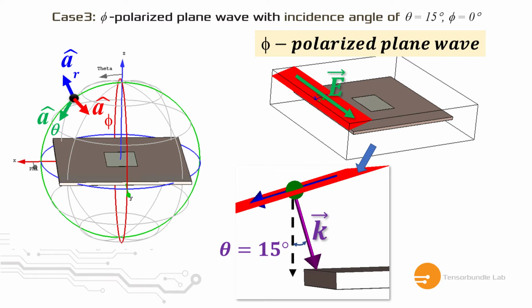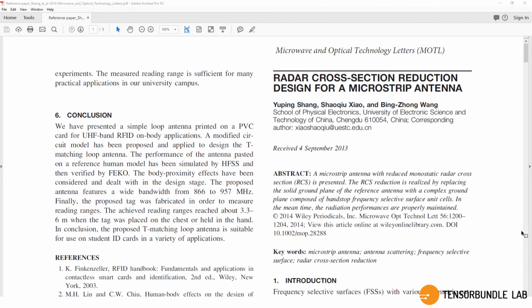So we will verify our knowledge with a reference paper. We will find the simulation results in CST and then compare our results with the reference paper. So this is the reference paper that I will follow.